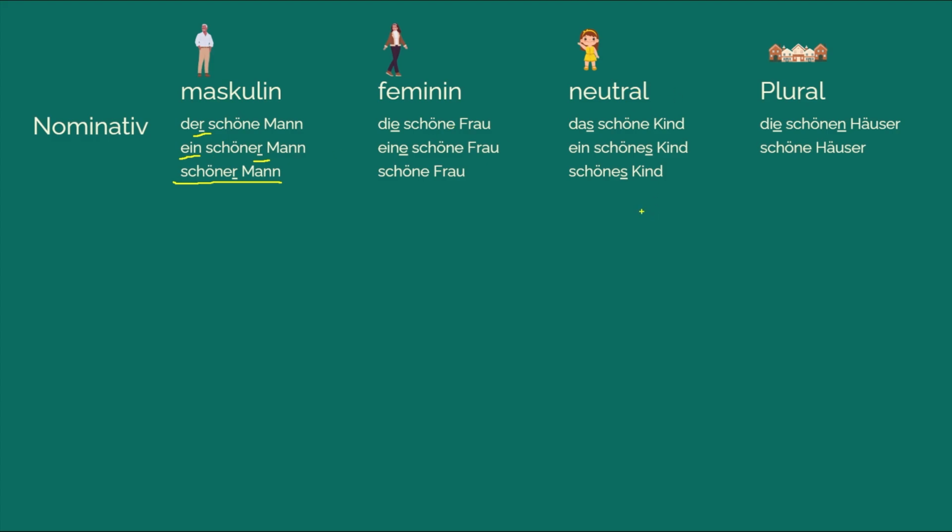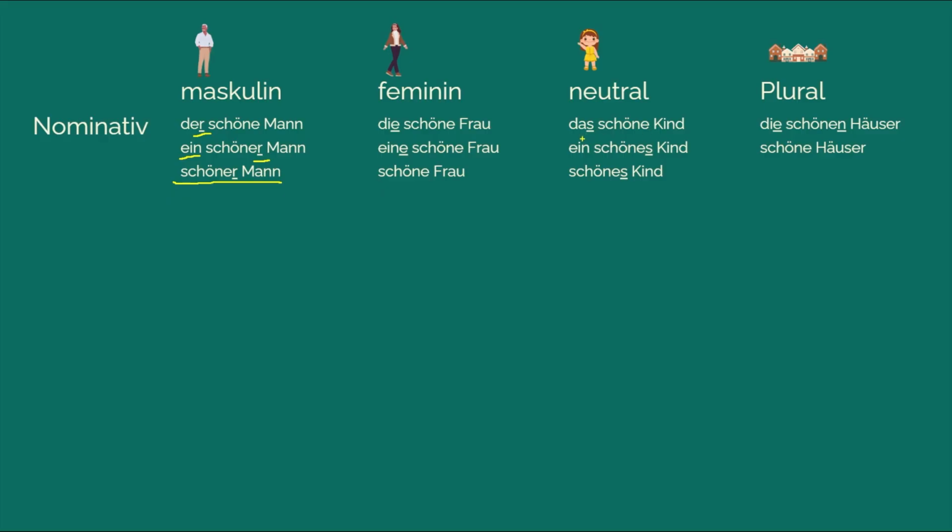For the neutral, again, never 2 S or 0 S, we need exactly 1. So the neutral and the masculine, they're kind of similar in this way. Das schöne Kind, ein schönes Kind, schönes Kind. So the signal ending is the S for the neutral, and there is always exactly 1.